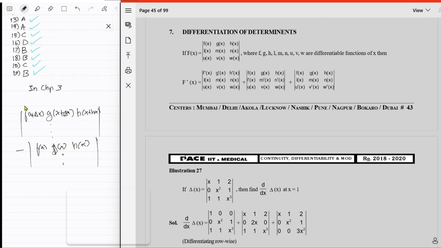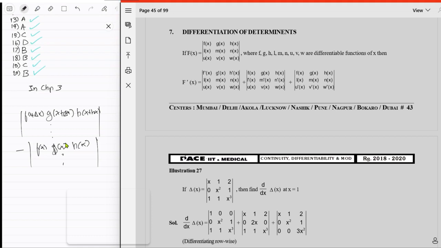Does that make sense? Once you do that, you will be able to expand this thing using the properties of the determinant, right? And after you have expanded that, just take the actual difference, and then you'll have the thing. Does that make sense?